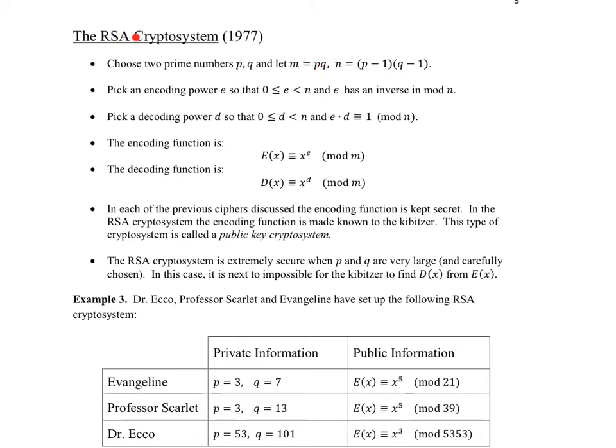Now this whole cryptosystem relies on a very important property. If you have the number m and it's made of 2 prime numbers that have been multiplied together, and let's say p and q are properly chosen and they're quite big prime numbers, it's very hard to just know m and try to figure out the p and the q.